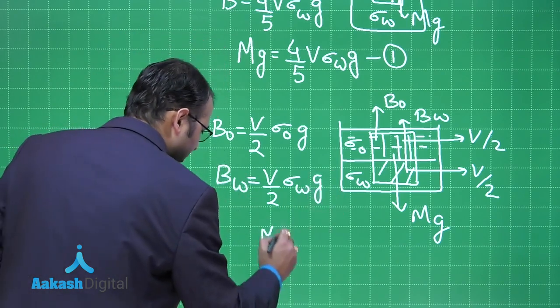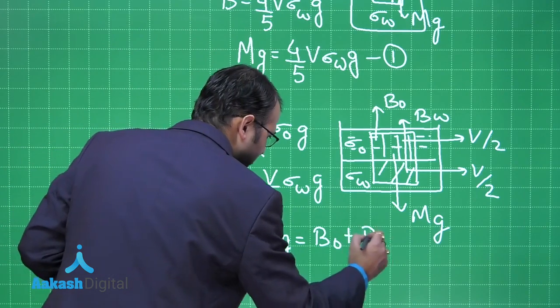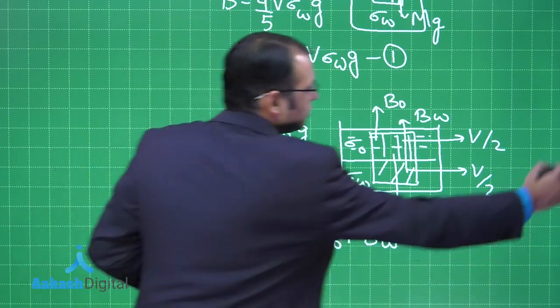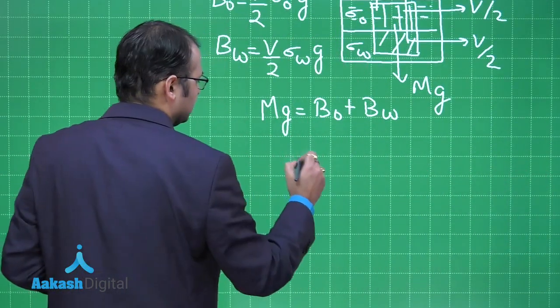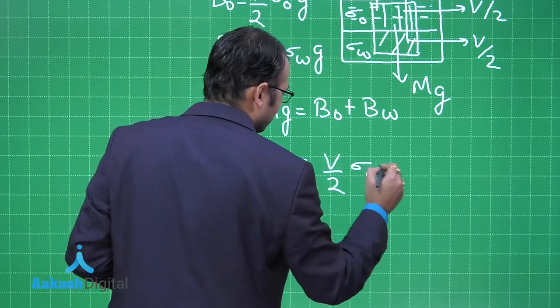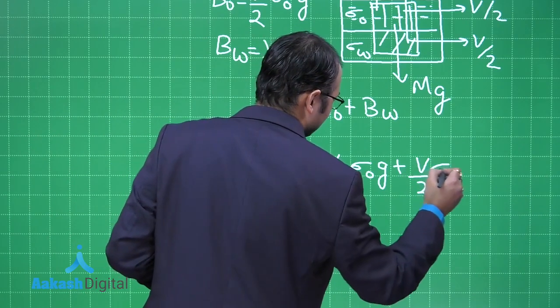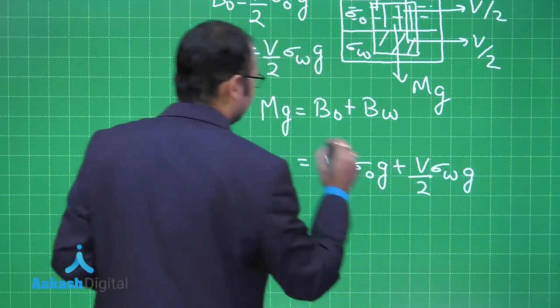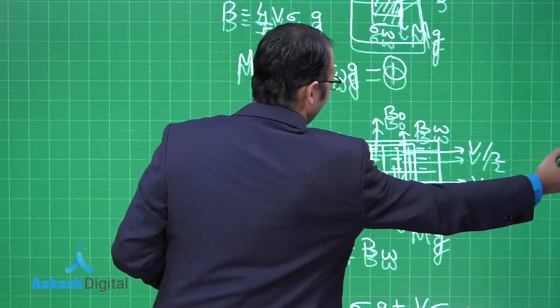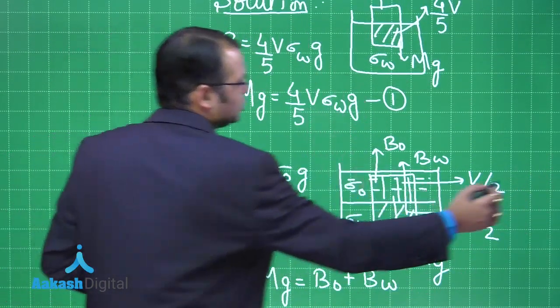So mg would be the sum of buoyant force due to oil plus buoyant force due to water. So let's have it. So this is equal to V/2 sigma O g plus V/2 sigma W g. And this weight, if you see from equation 1, it is 4/5 V sigma W g.